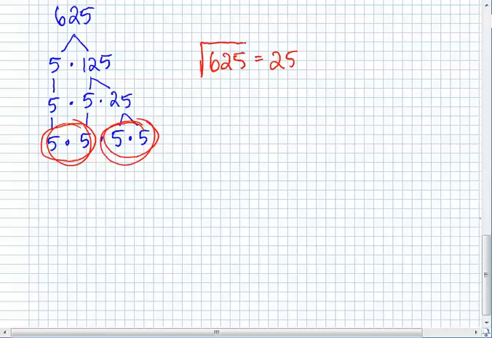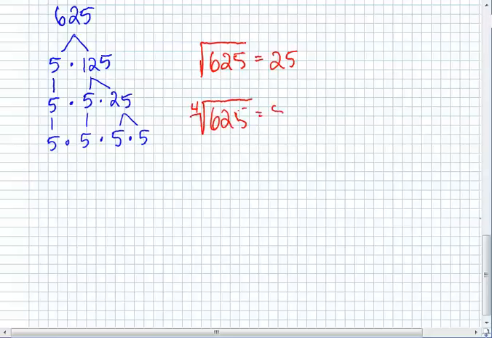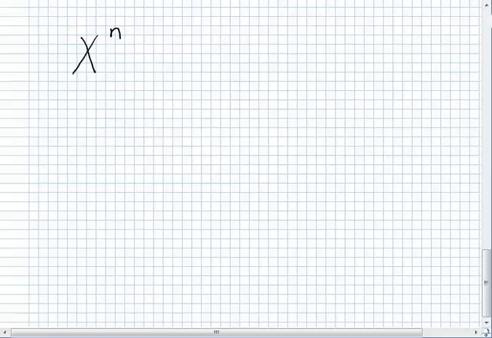Or if I don't want to look at it like that, I could look at it individually and say the fourth root of 625 is 5 because 5 multiplied by itself 4 times is 625. Okay? Something like that.